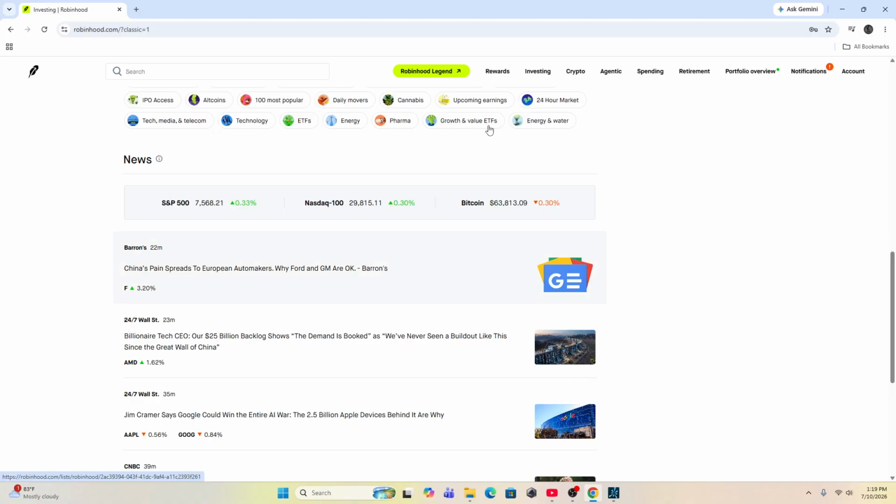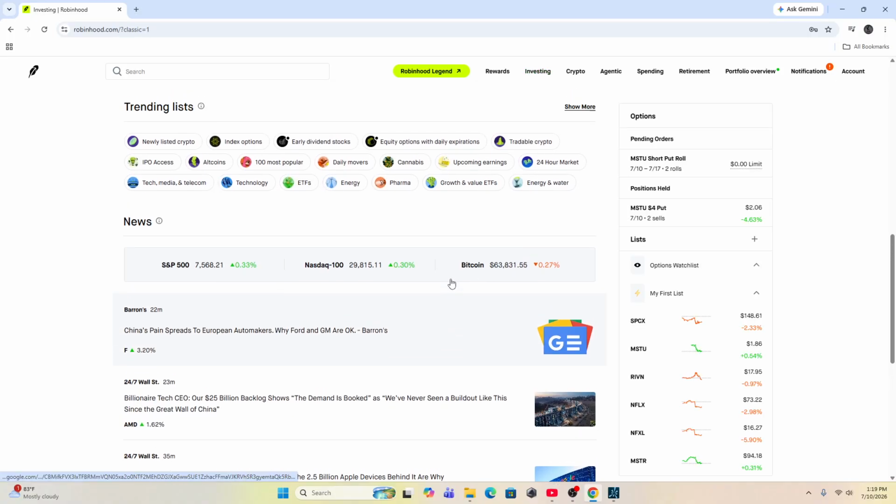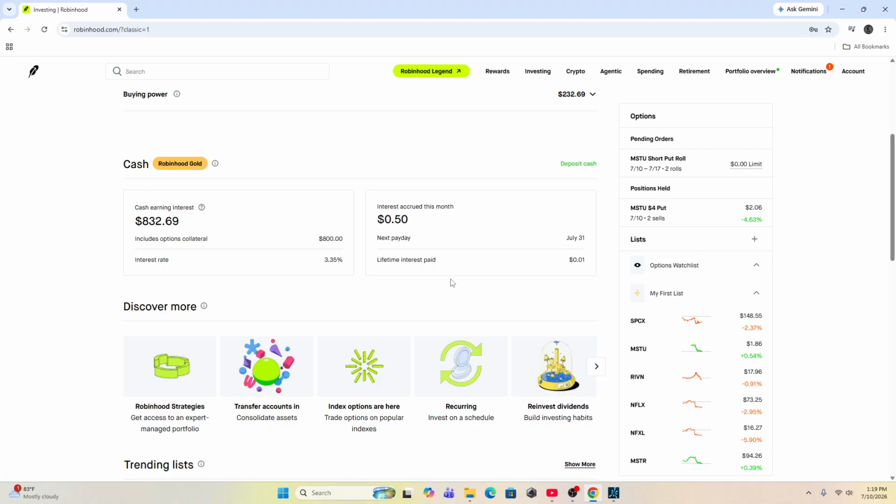Let me see if that went through. Oh, that didn't go through. That's just an even swap across from this put to the next put.